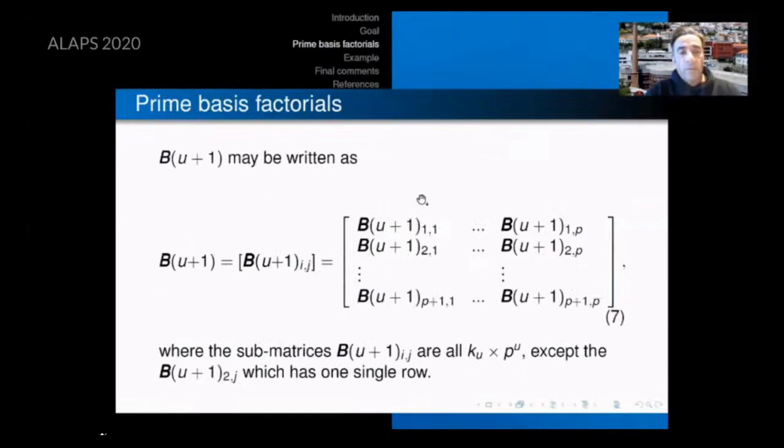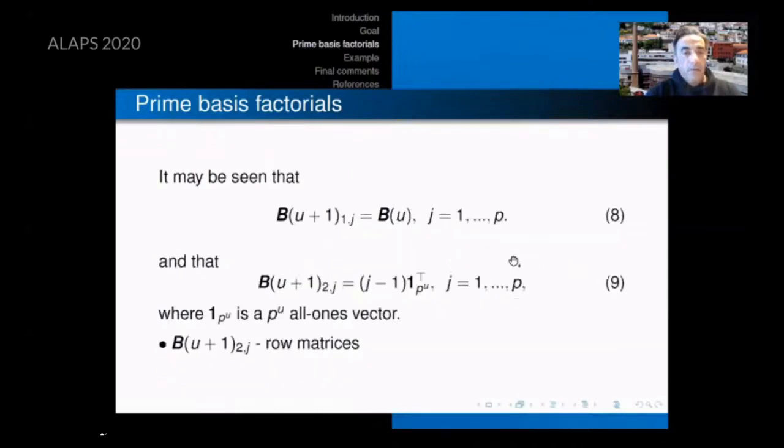BU plus 1 may be written as we have here, where all the sub-matrices are KU times PU, except this second one, which will have one single row. It may be seen that the first matrix in the first row will be equal to BU, and that the one in the second row, which is the matrix with only a single row, will be equal to this product.